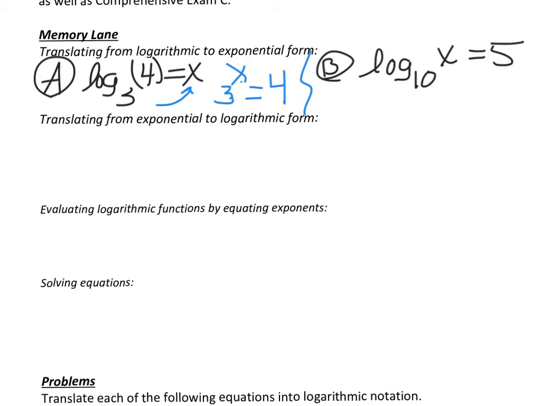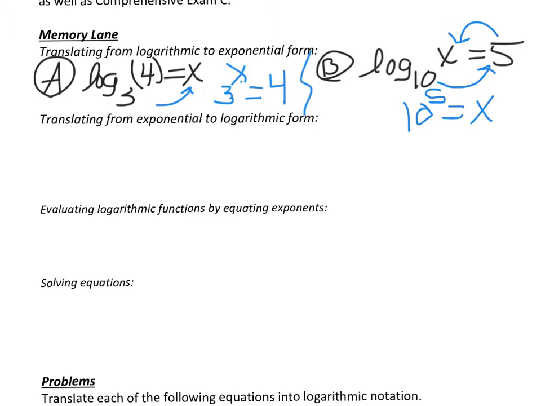But on this side, the variable is stuck inside, and the only way to get that variable out from inside of that logarithm is to convert it to exponential form by bringing the 10 over, let the 5 be its exponent. That's going to equal what's inside. So 10 comes over, raises the 5 on its shoulders, and equals what's inside, which is x. So 10 to the 5th is equal to x. So we could actually find what x is.